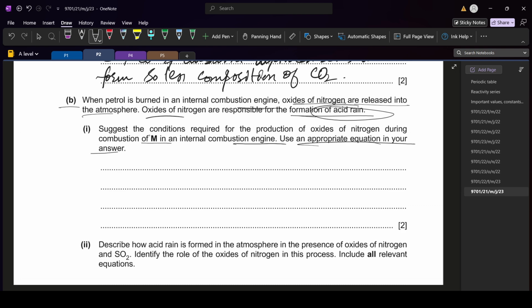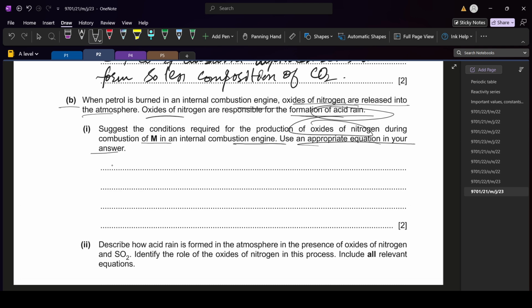So the conditions required for the oxides of nitrogen. There are many oxides of nitrogen, and how they form. The nitrogen and oxygen from air react at high temperature and pressure in this internal combustion engine.